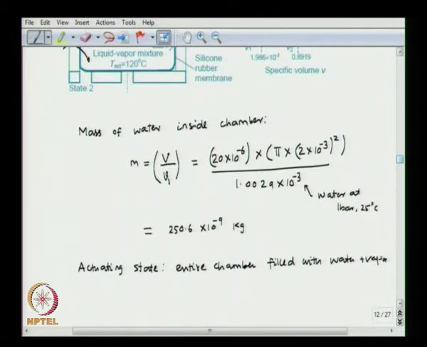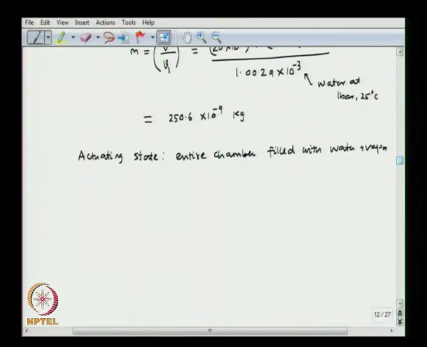If that is the case, we can find the specific volume. So, the specific volume v2 is going to be V2 divided by m.